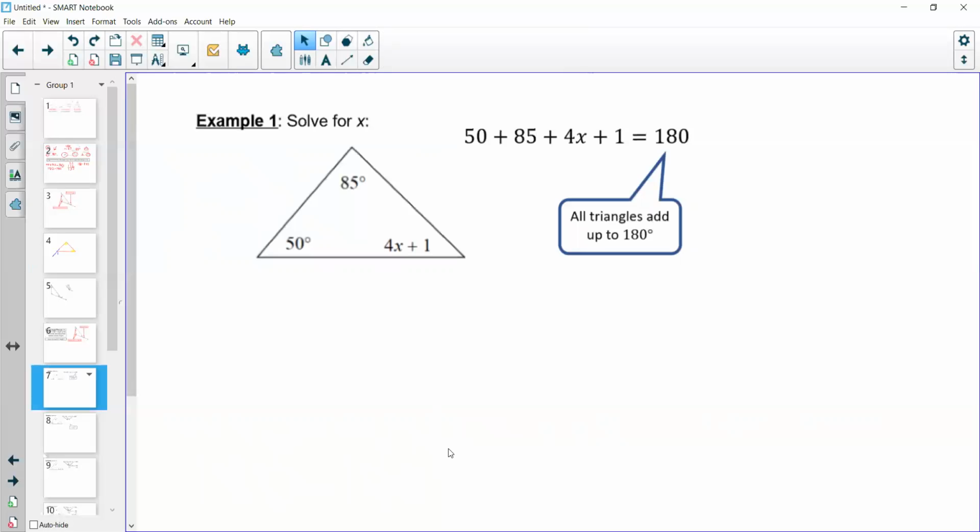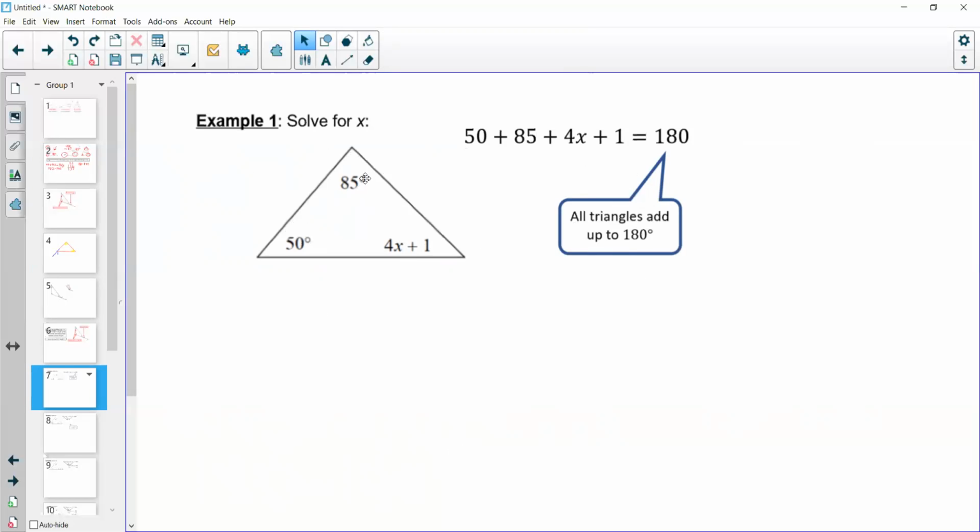So on the back of your notes, we see example 1. We're supposed to solve for x on this triangle. All three interior angles are labeled. We will use the angle sum theorem, which says that all triangles add up to 180 degrees with their interior angles.